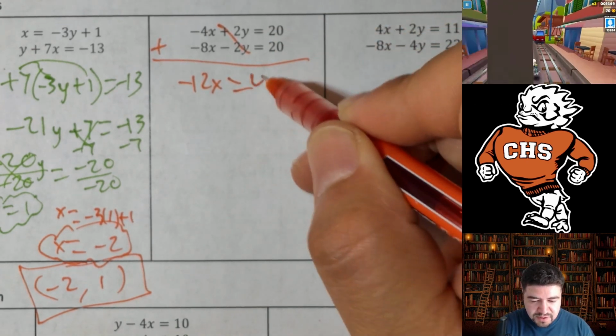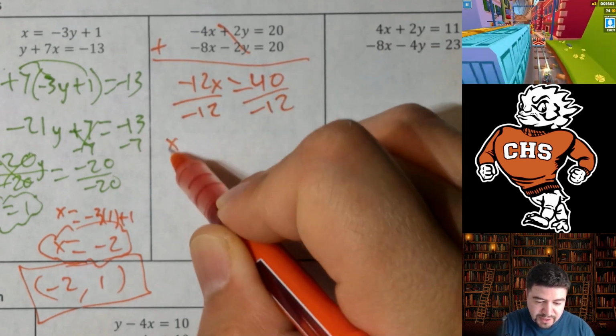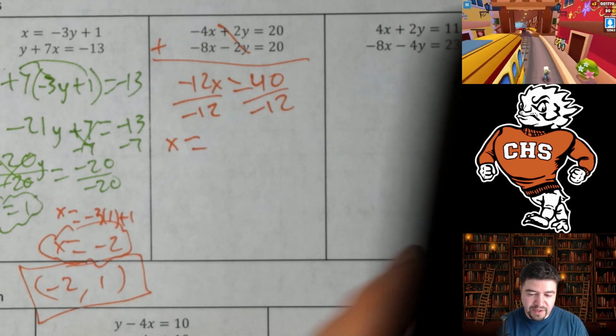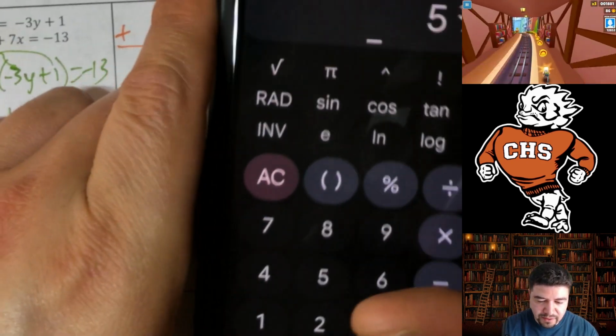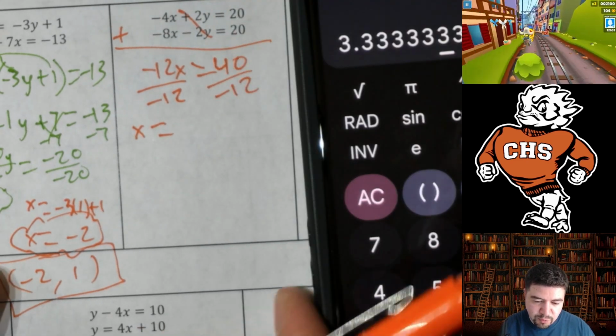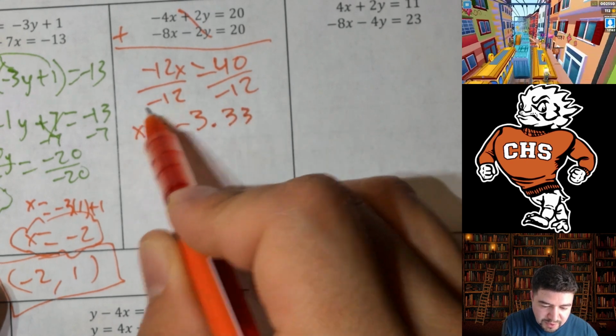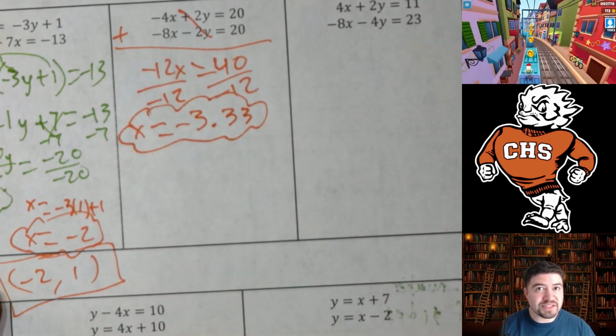So 20 plus 20 is 40. Now we have to divide, and this is why we get a fraction again. So 40 divided by negative 12, like I said, going to use the decimal value. Okay, 3.33 repeating. That's a negative 3.33 repeating.